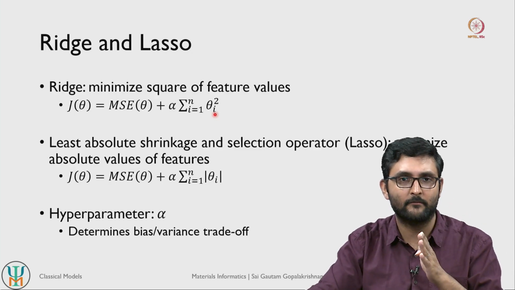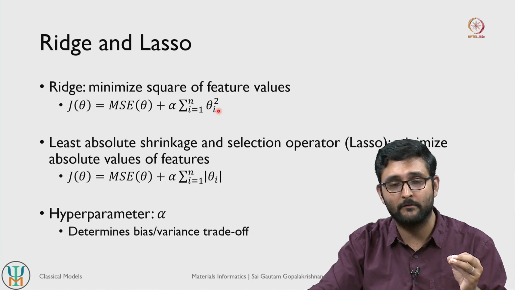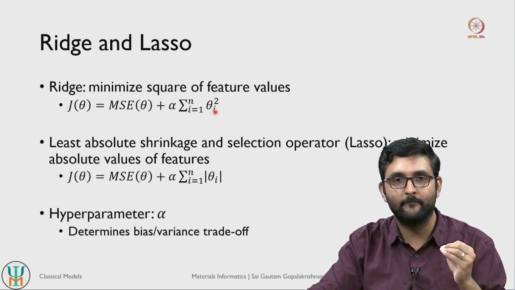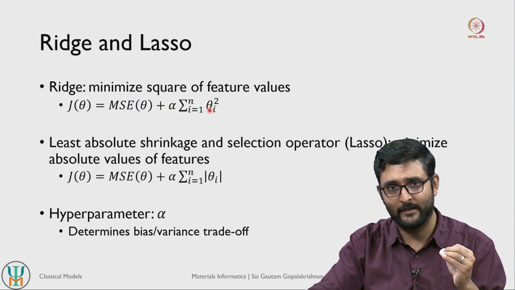So your linear regression model has a collection of theta that you fit, right. If you have large values of theta for each of the individual features, this will lead to a very large theta i squared term here, and the model is trying to minimize both your mean squared error and this theta i squared term, right.